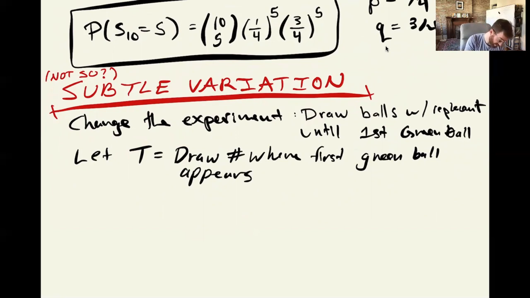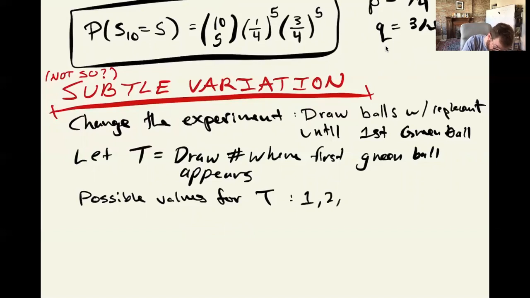So the possible values for T: well, you might get a green ball on the first try, or on the second try, or on the third try, or the millionth try, or the 3 billionth try, so on and so forth, up to, but not including infinity.